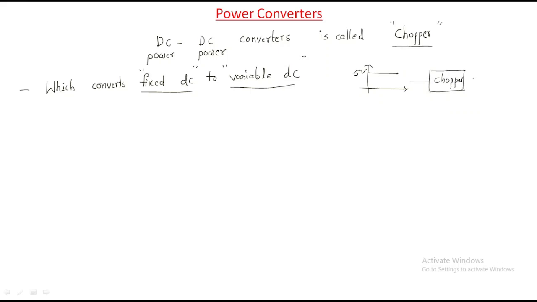Then the output may be more than 5 volts, say 8 volts, or we can get less than 5 volts, that means 3 volts. The chopper whose output is more than the input voltage is called a step-up chopper. The output less than the input voltage is called a step-down chopper.